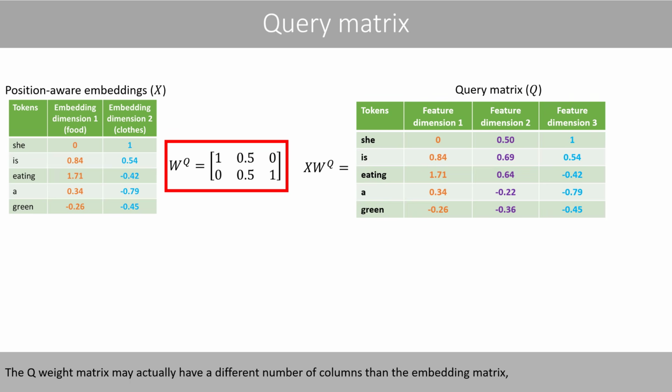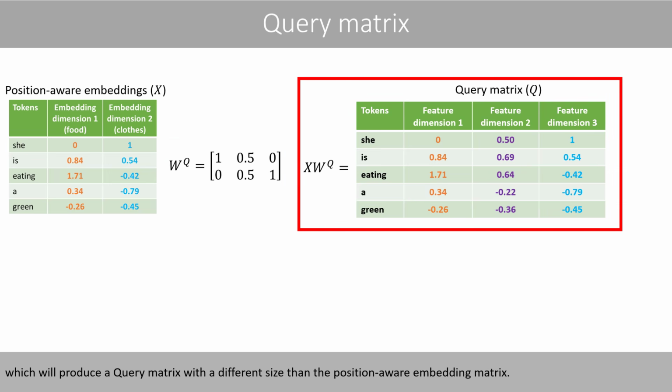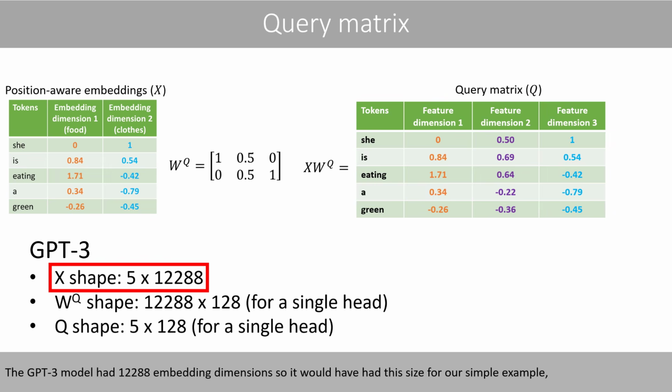The Q-weight matrix may actually have a different number of columns than the embedding matrix, which will produce a query matrix with a different size than the position-aware embedding matrix. The GPT-3 model had 12,288 embedding dimensions, so it would have had this size for our simple example.